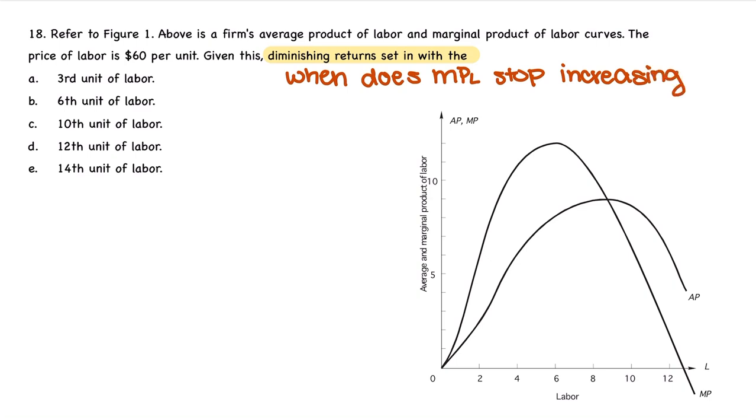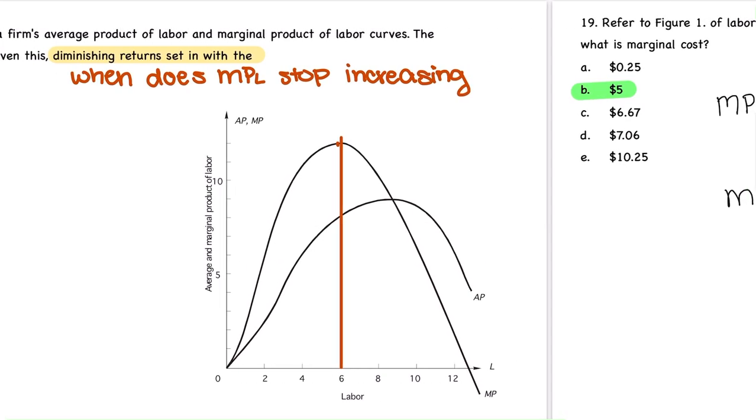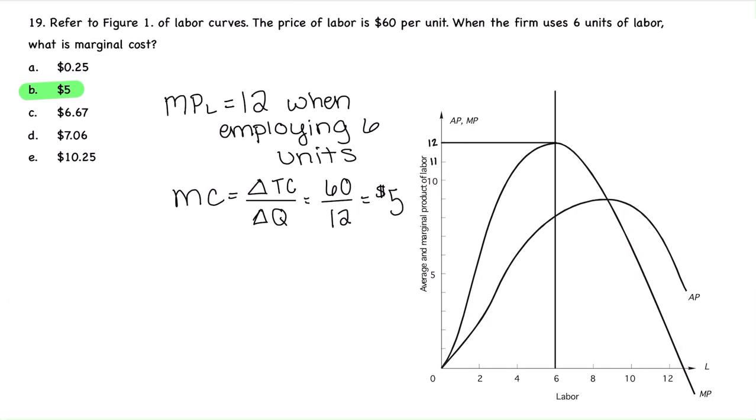So our marginal product curve is this one, and it stops increasing right there, which my dot was pretty close to the top. So the 6th unit of labor, which we see at the bottom.